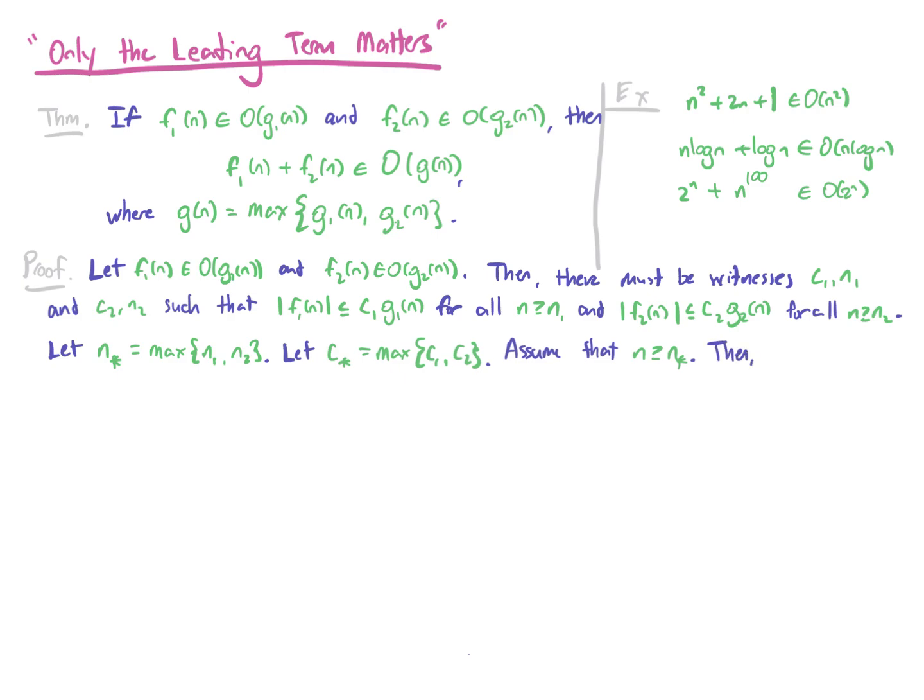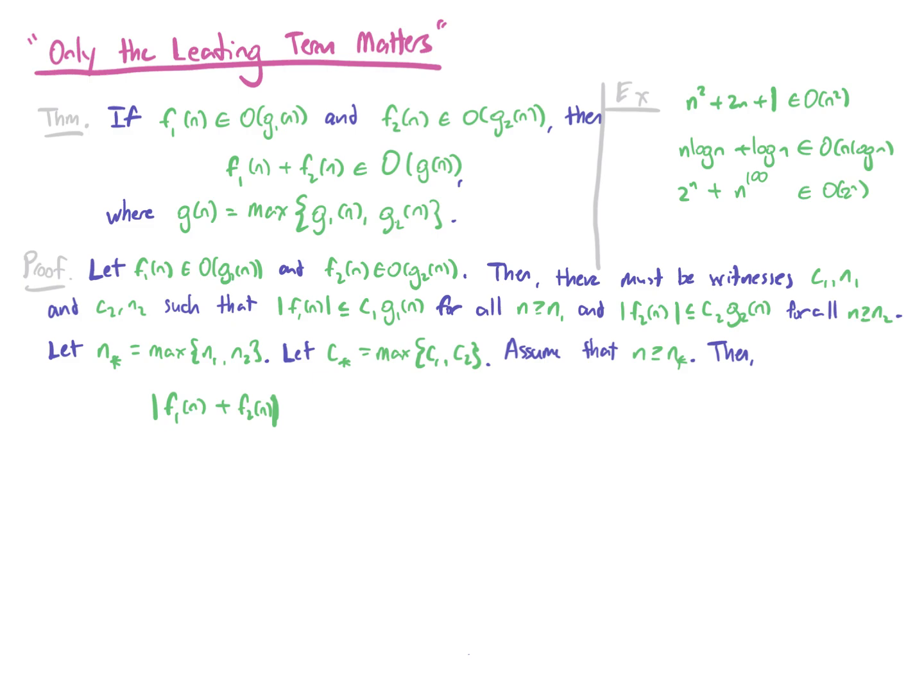What am I going to do? I am going to consider the absolute value of f1 of n plus f2 of n. And what I need to show is that that is less than or equal to a constant times g of n, where g of n is this maximum function here.